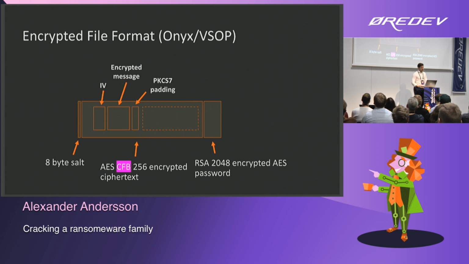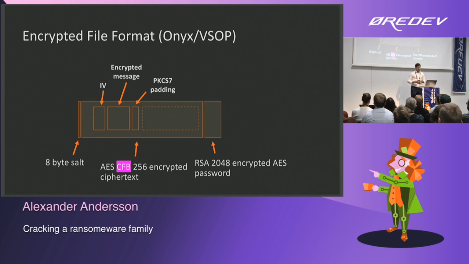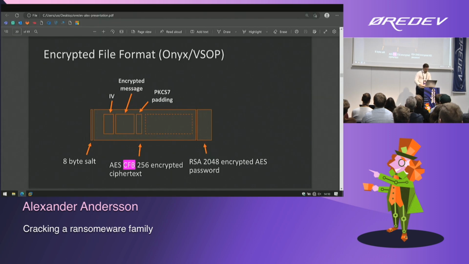What we saw, though, is that this file has a different format. So it's quite a significant change from Chaos. Everything else looked like Chaos, all the functions were pretty much the same, but the encryption scheme had changed quite a lot. Both the mode had changed and the overall format, so they save the key after instead of before, and things like that.